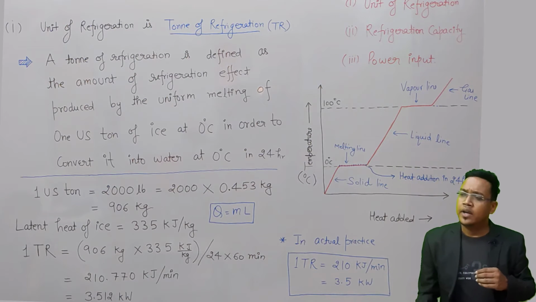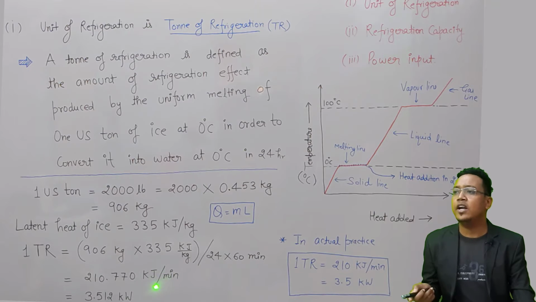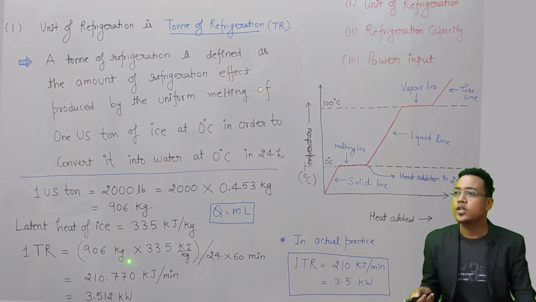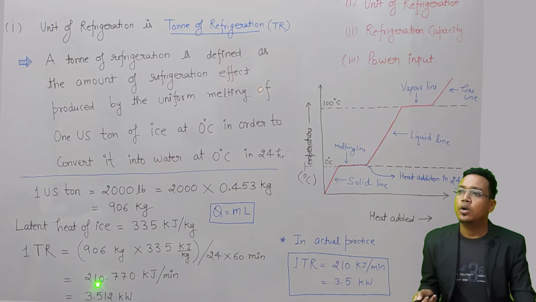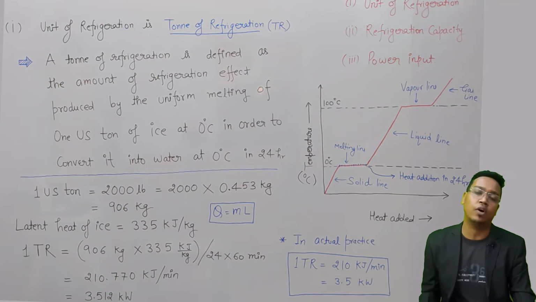Now if I want to calculate in kilowatt, what will I do? I will divide this again by 60, because by dividing by 60 it becomes kilojoule per second, and kilojoule per second is kilowatt. So 210.770 divided by 60 gives 3.512 kilowatt.